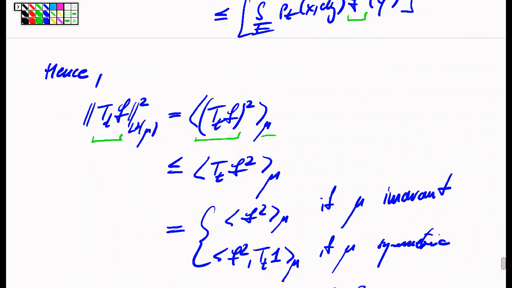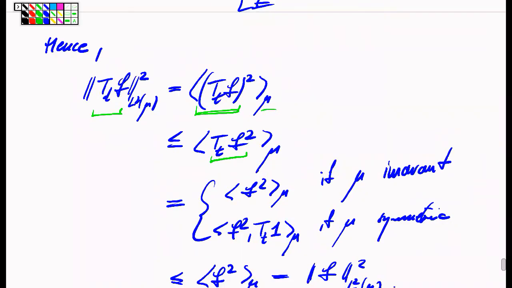Now that's a non-negative function, and by Jensen's inequality I have a pointwise upper bound for this. Jensen's inequality tells me that for each position x, this number here, which is integrated, is bounded from above by the function which is obtained by applying to the square of the function f the T_t operator.